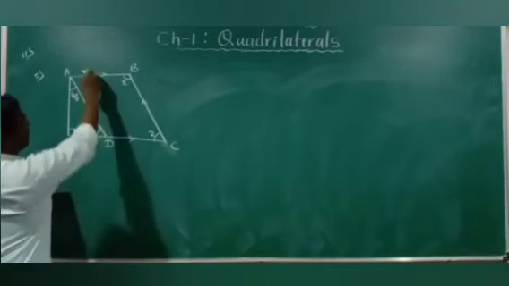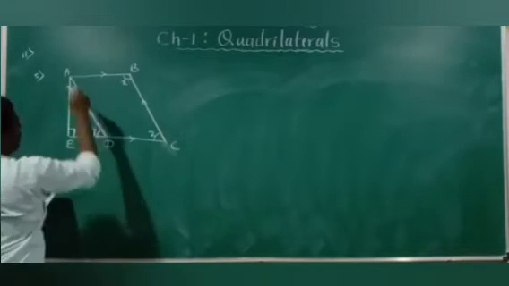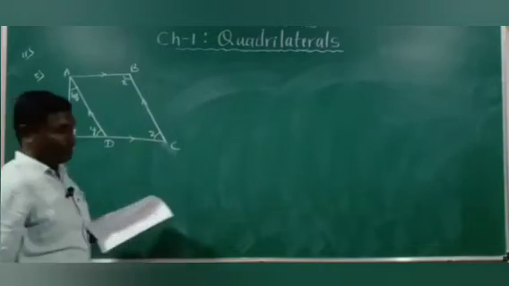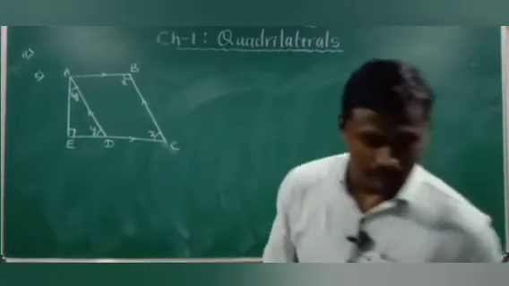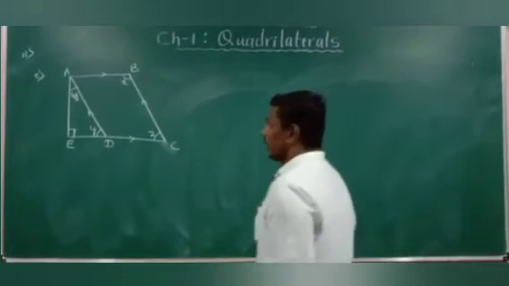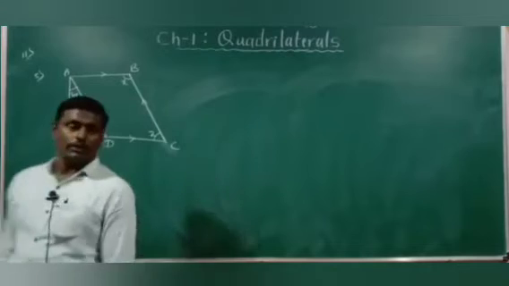AD and BC are also the equal and parallel sides. Find the X, Y and Z values.